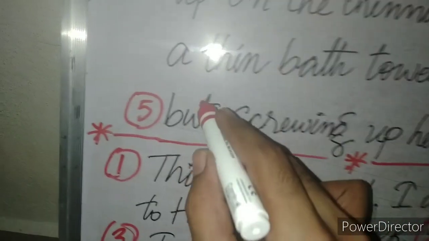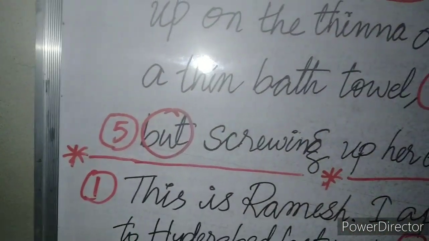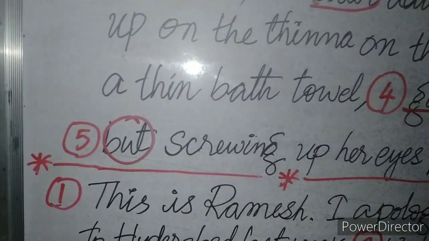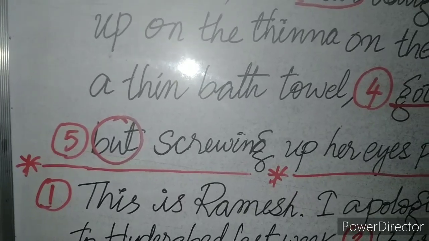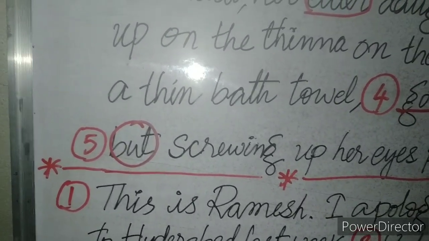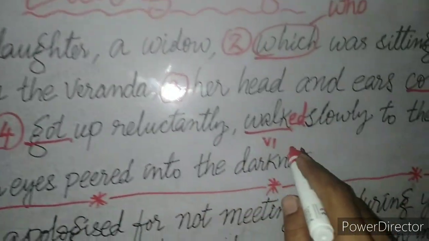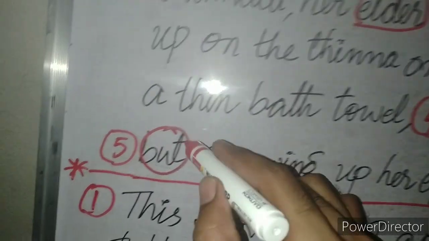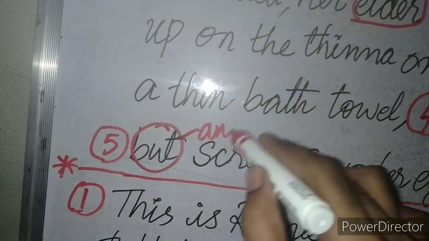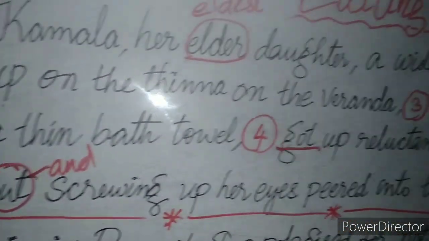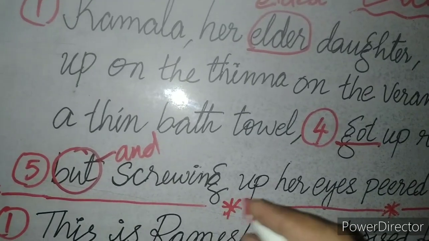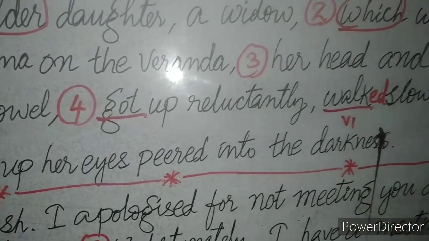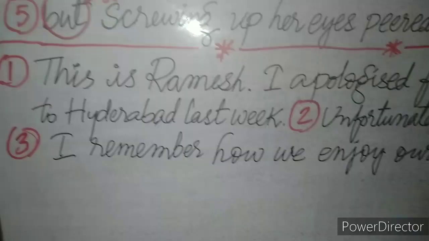Actually I mentioned here but. When we use but, one sentence is positive and the second one is negative. But here, got up reluctantly, walked slowly to the gate, we have to use and as the answer. Why? Because all the actions are additions, and screwing up her eyes peered into the darkness.